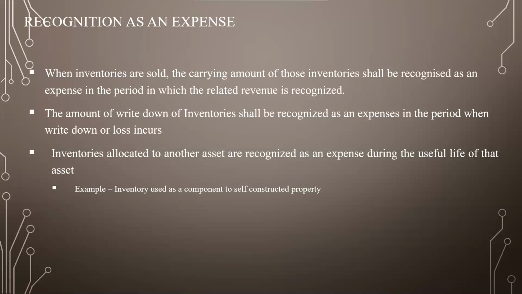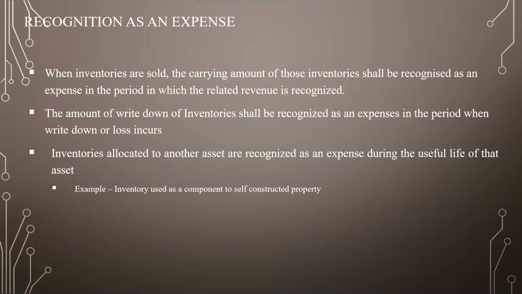Whenever inventory is allocated to another asset, there is a possibility. Think of a situation of a construction company and, let's say, a cement company. Now they are under both groups. If an inventory is issued as a component to a self-constructed property, at that point in time, it has to be accounted over the useful life of that asset.